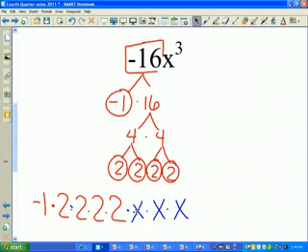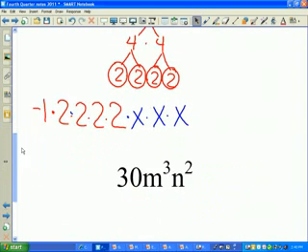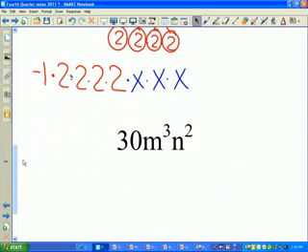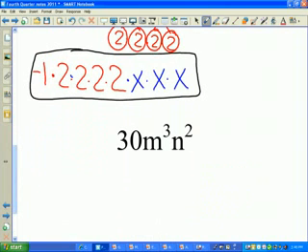So now I have a negative 1 times 2 times 2 times 2 times 2 times x times x times x. This right here is the prime factorization of my original negative 16x cubed.